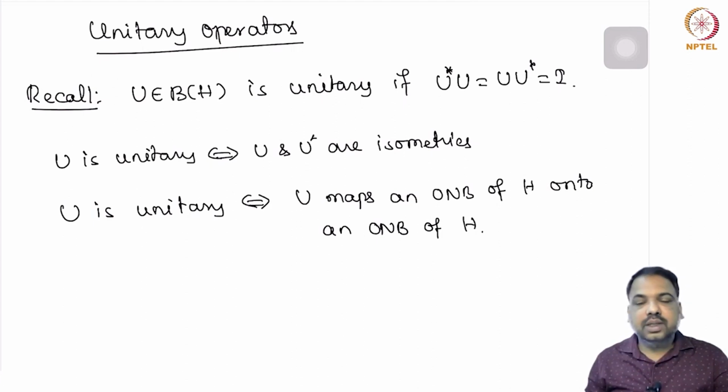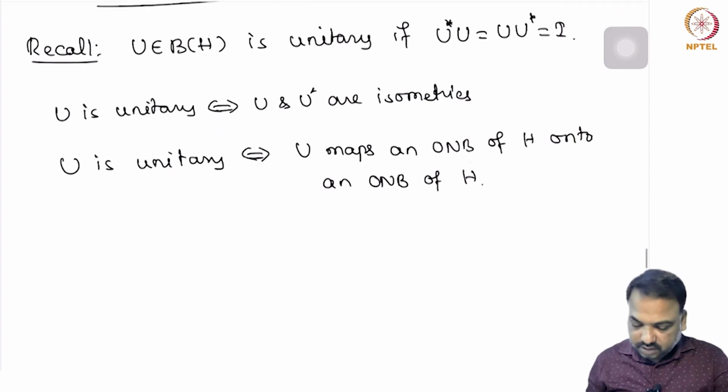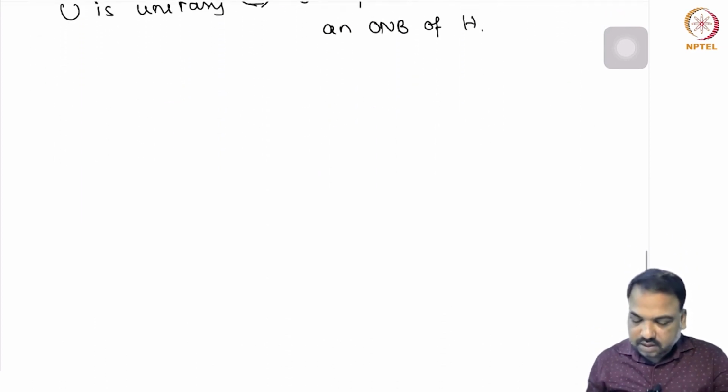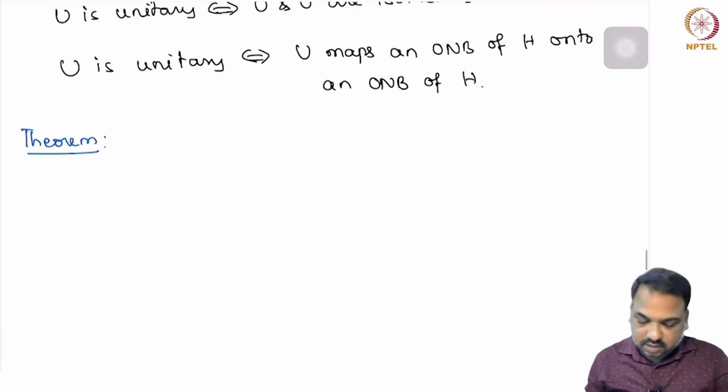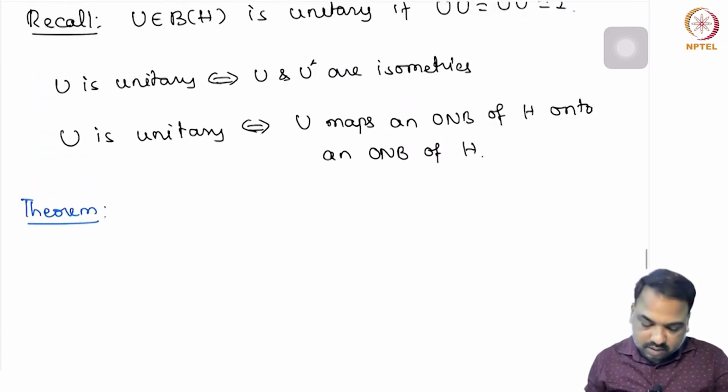So these are the two important characterizations. In fact, from the definition we can obtain many important characterizations of unitary operators. The proofs are similar to the earlier characterizations of isometries. So we list out all the characterizations of unitary operators.